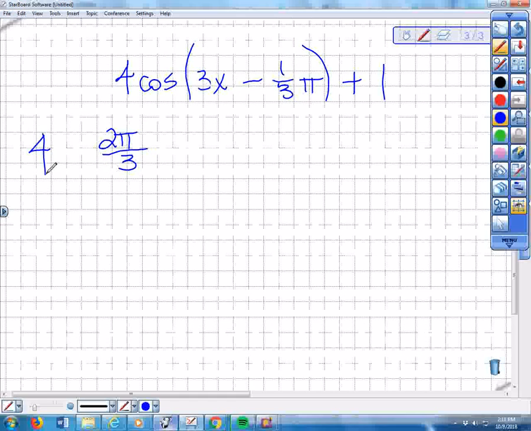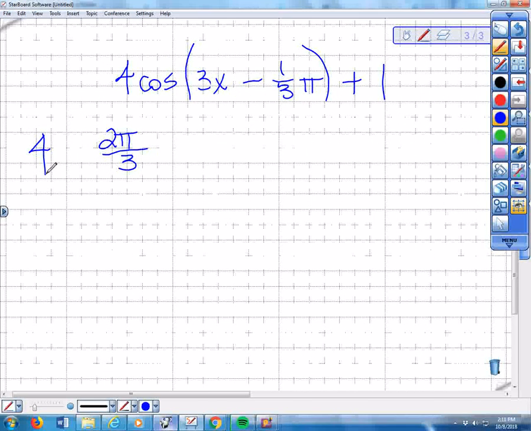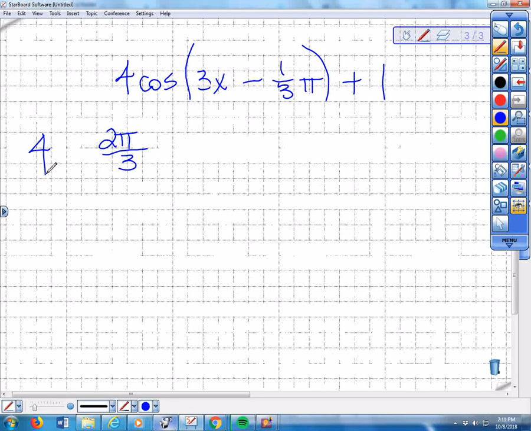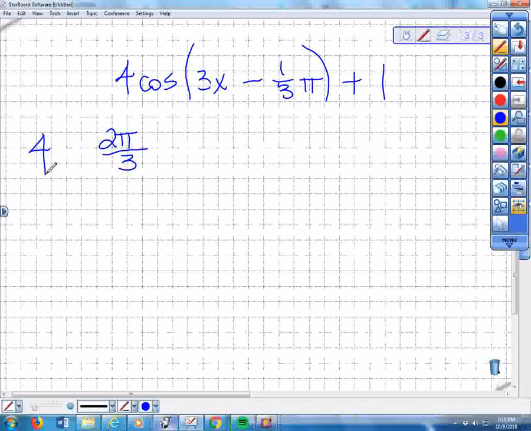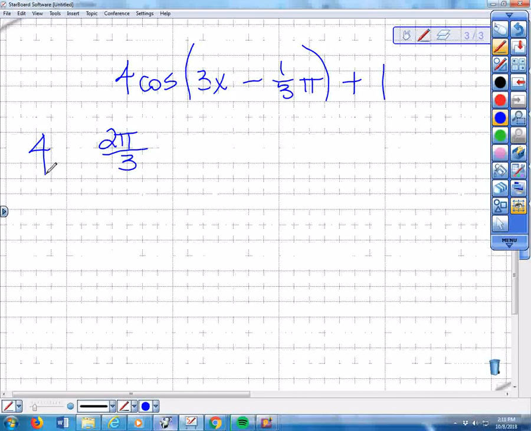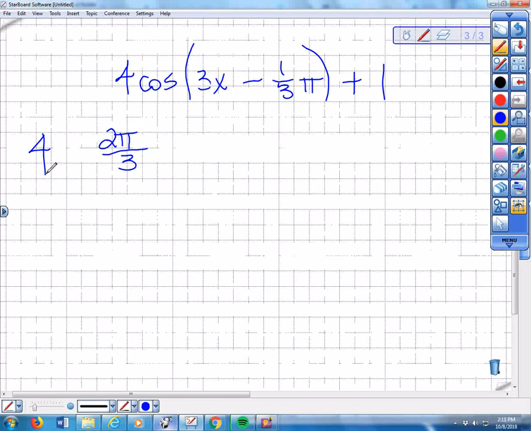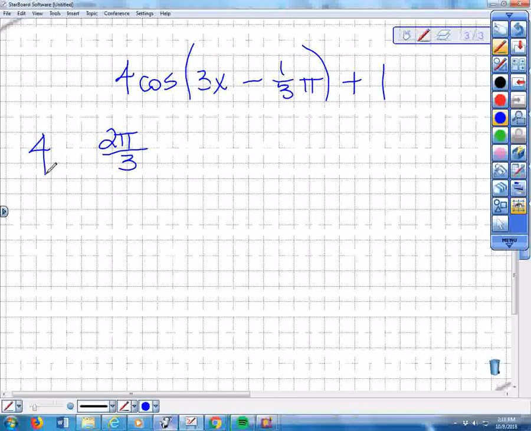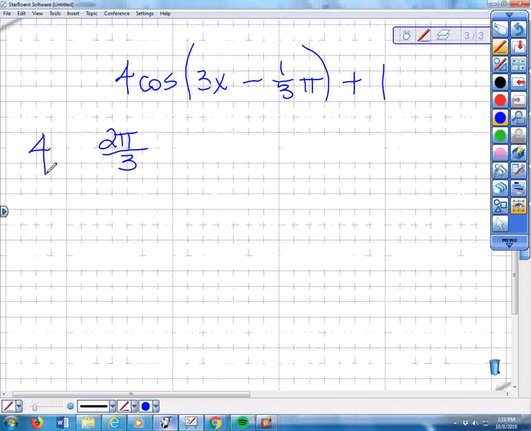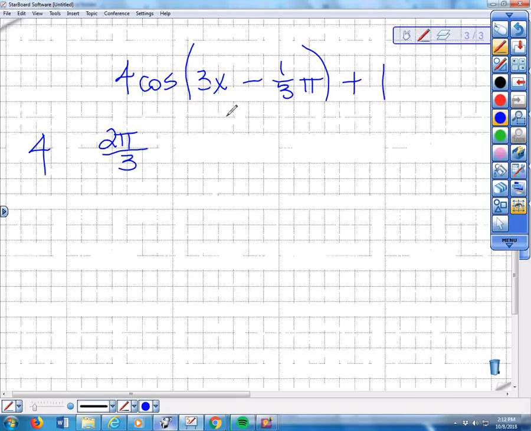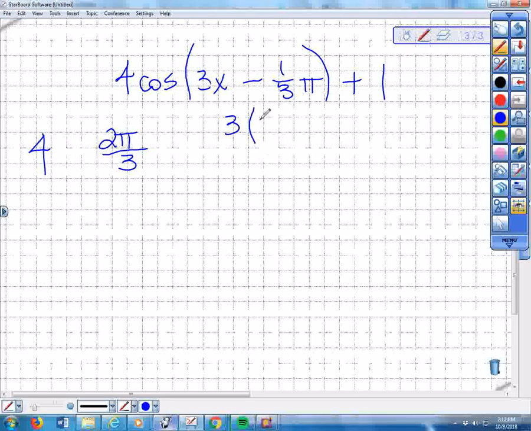Shift is, I think it's 1/9 pi. Because to rewrite this, I mean, basically I'd have to factor out if you want to do it that way.